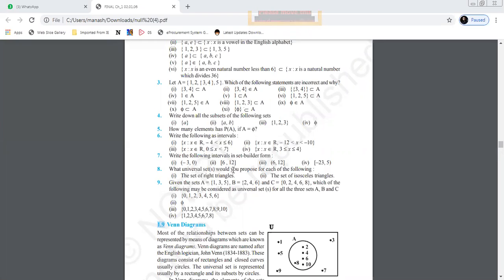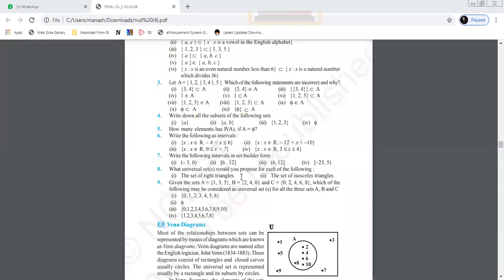Now tell me what is the answer of question number 8. What is the universal set would you propose for each of the following? The set of right triangles and the set of isosceles triangles. What is the universal set? Do you know what is the meaning of universal set? If you do not tell me, I will tell you.